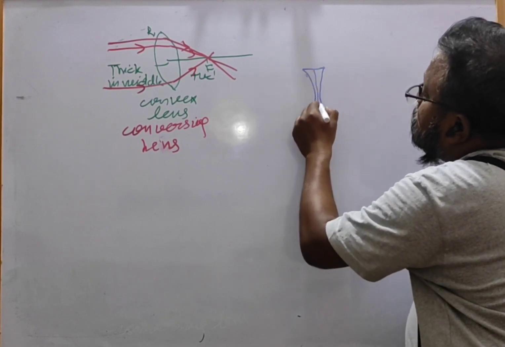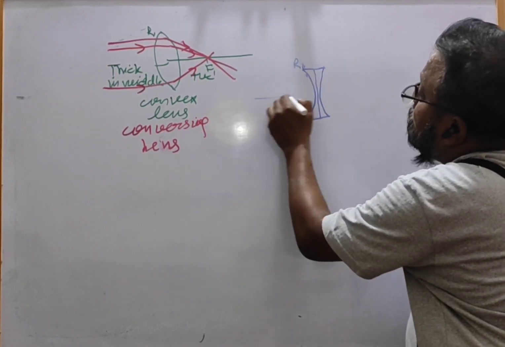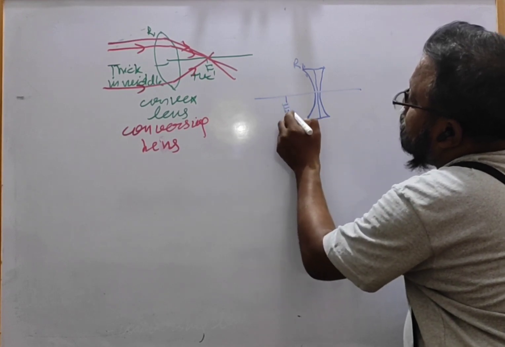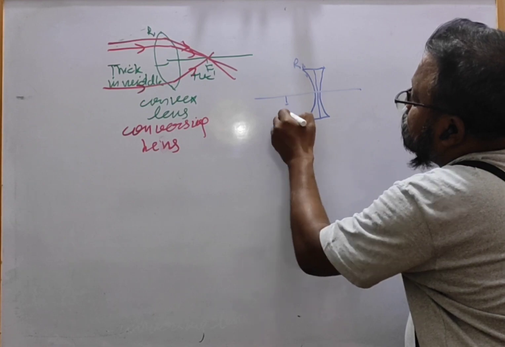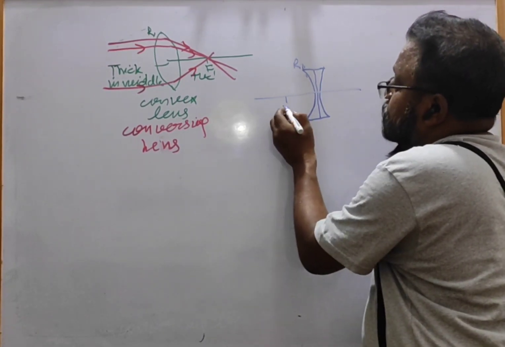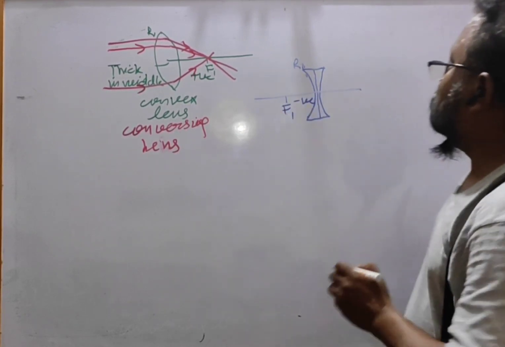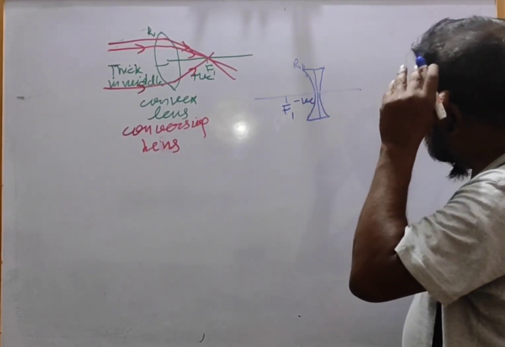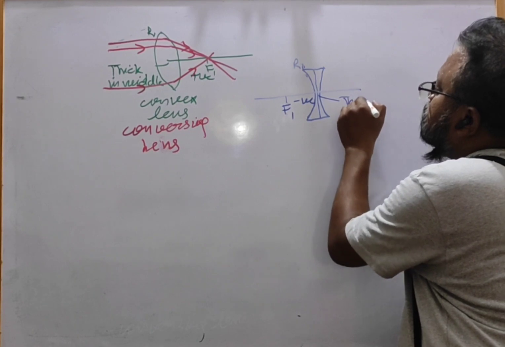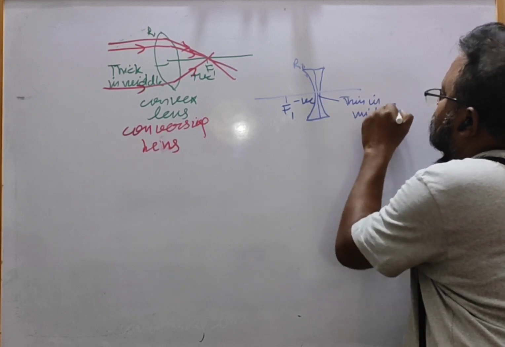Its optical center is this, its R1 is this, and when you draw the principal axis, F1 is this, and its focal length is negative, right? And this is thin in the middle, right?